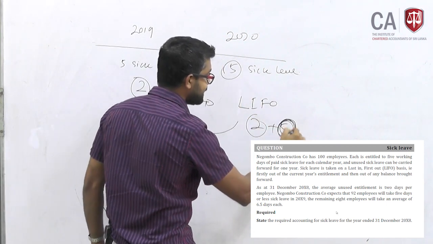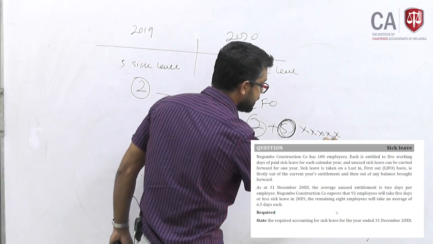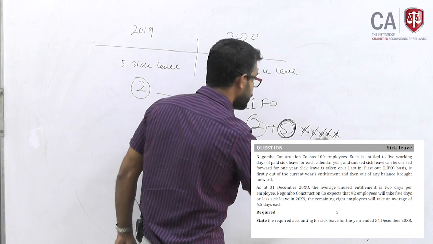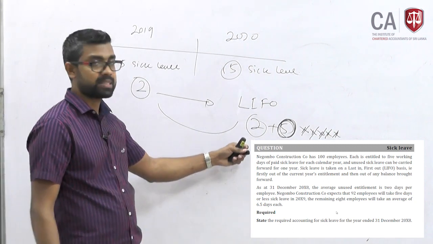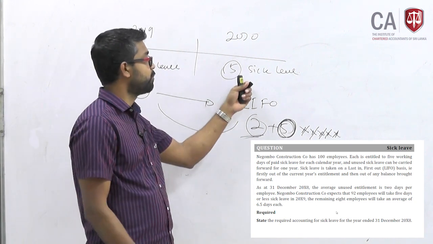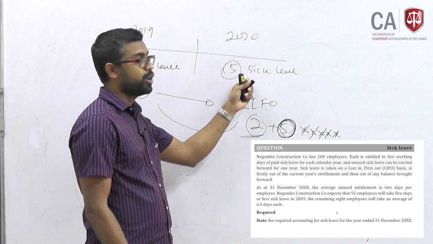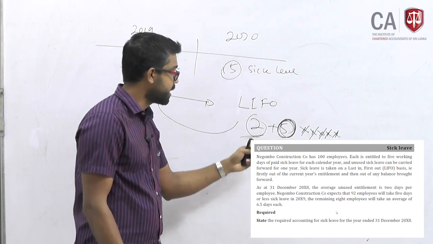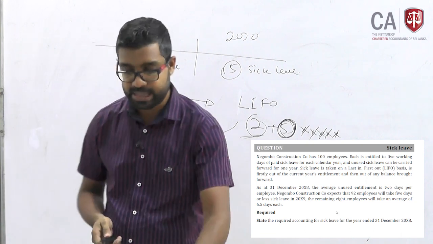This 5 is the last in, so you have to utilize the 5 first. Once you utilize this 5, then you are eligible for this 2. To enjoy this 2 leave, you have to first use this 5. Once you enjoy the 5 days, then you can go for another 2 days. That's what the question says.